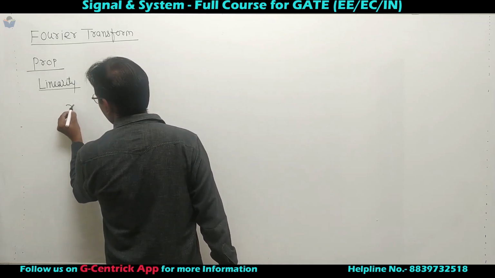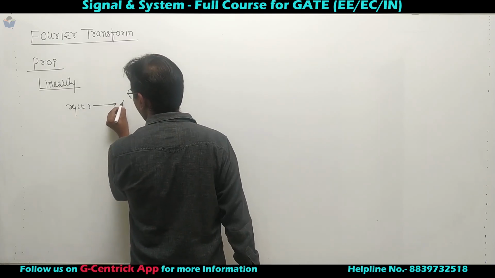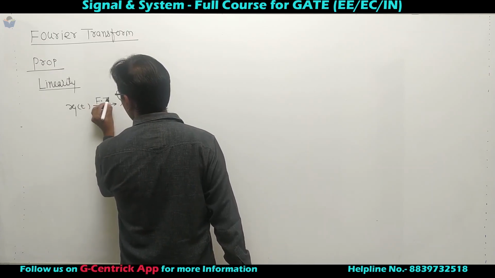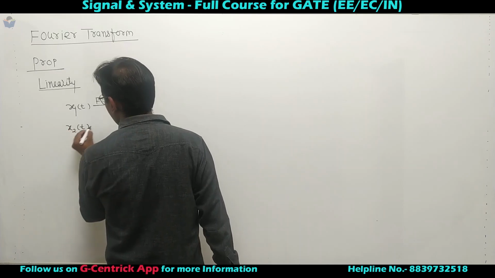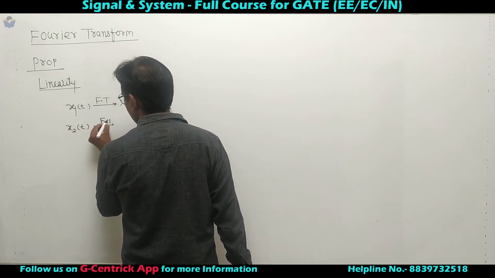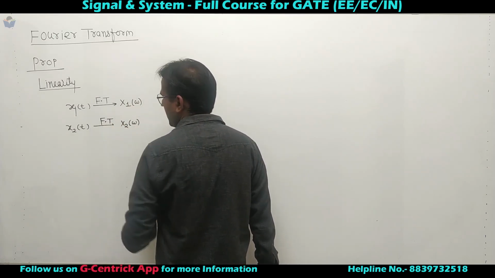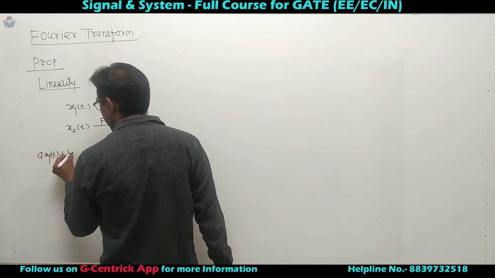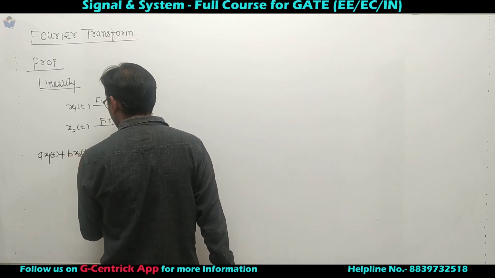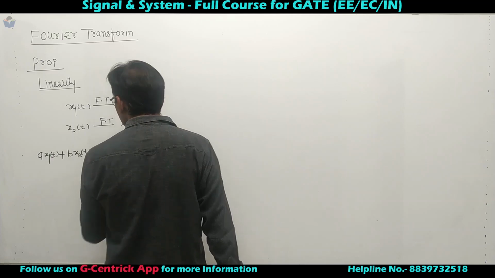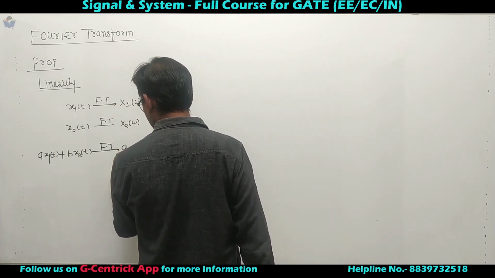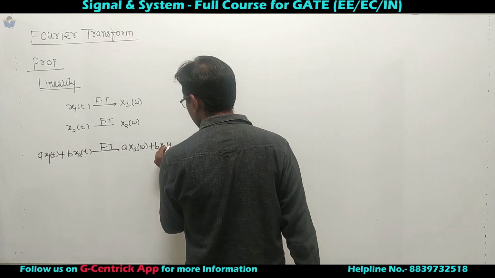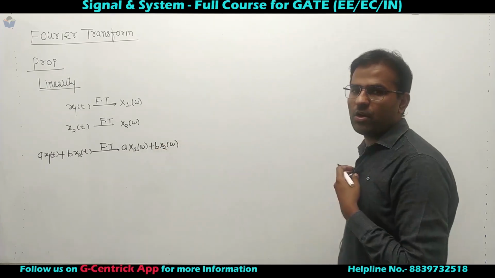It says that if x1 of t has the Fourier transform x1 of omega, and x2 of t has the Fourier transform x2 of omega, then a times x1 of t plus b times x2 of t will have the Fourier transform a times x1 of omega plus b times x2 of omega. This is the linearity property of the Fourier transform.